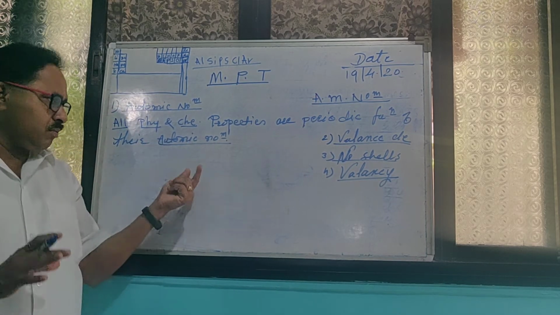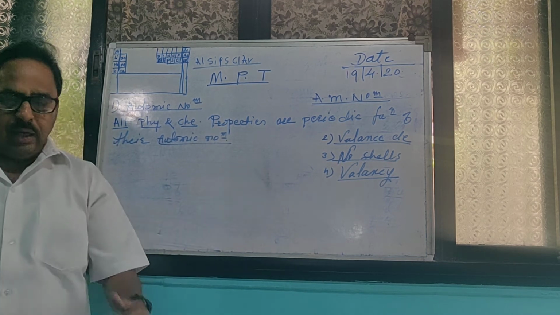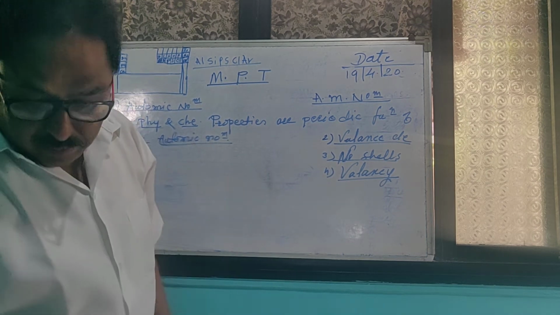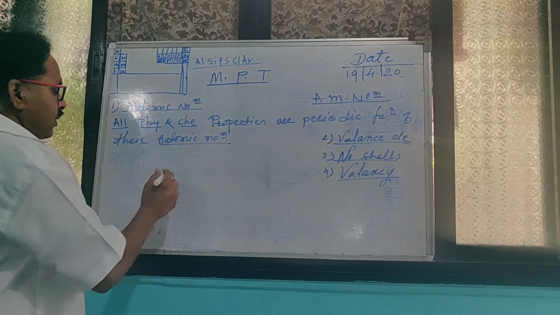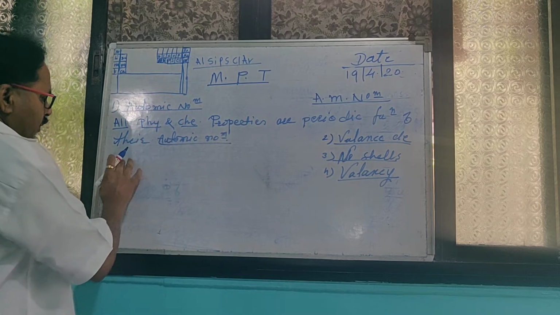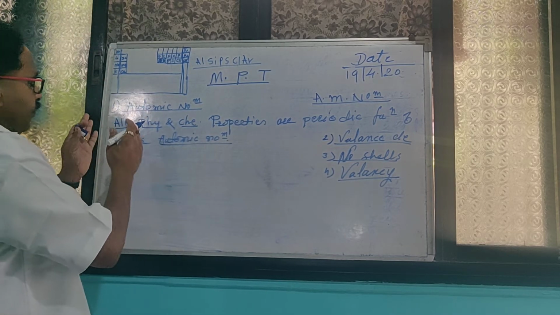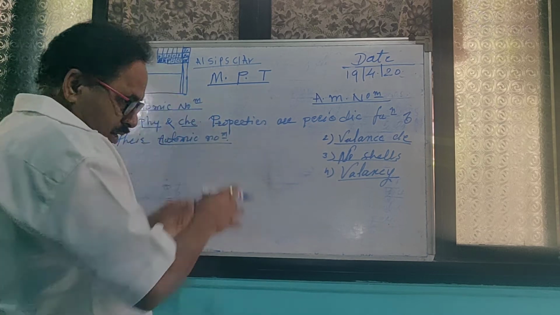Before we start the modern periodic table, if you see on page number 23, the modern periodic table is classified into rows and columns.